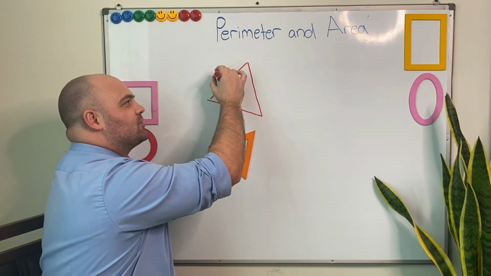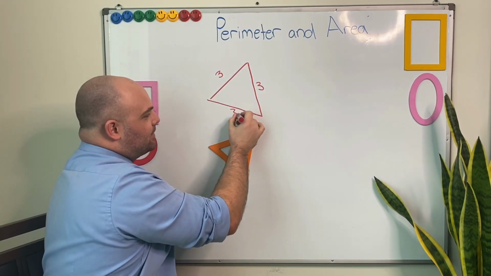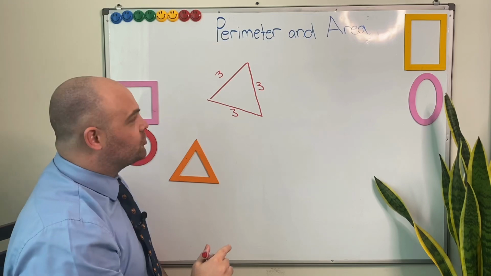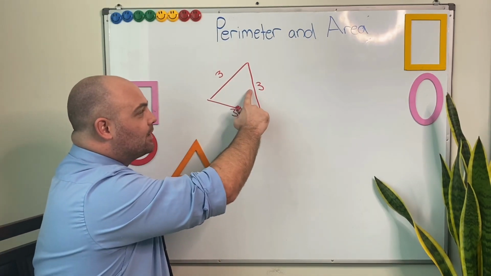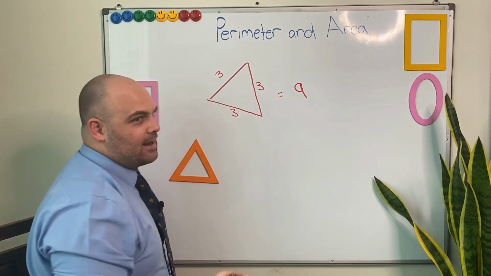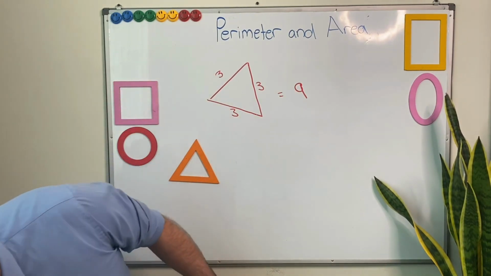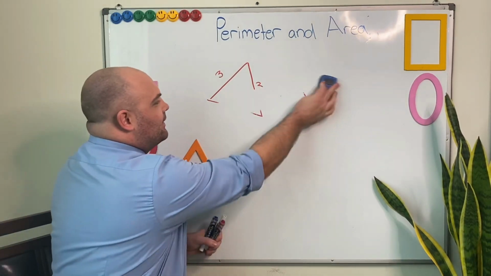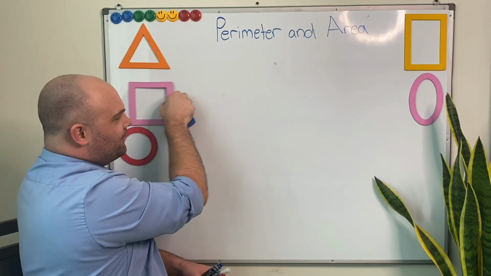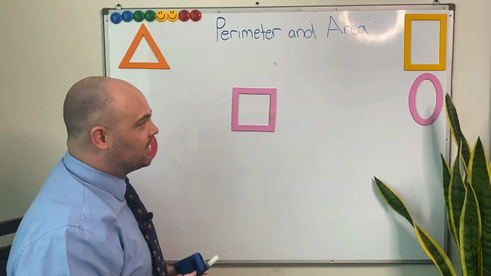So if this was 3 centimeters by 3 centimeters by 3 centimeters, the perimeter of this triangle would be 3 plus 3 plus 3, 9 centimeters.